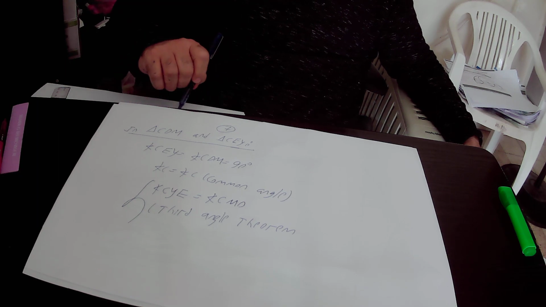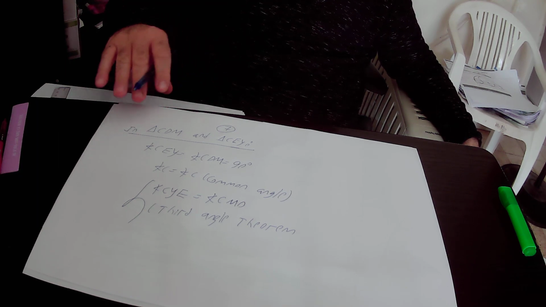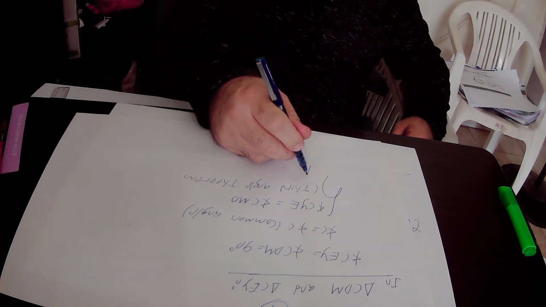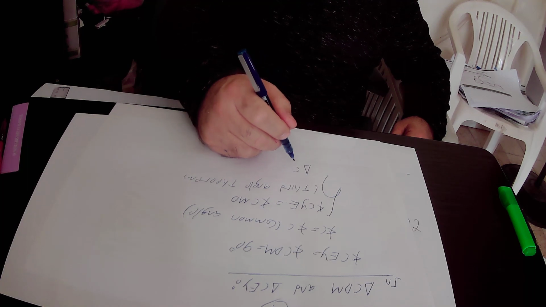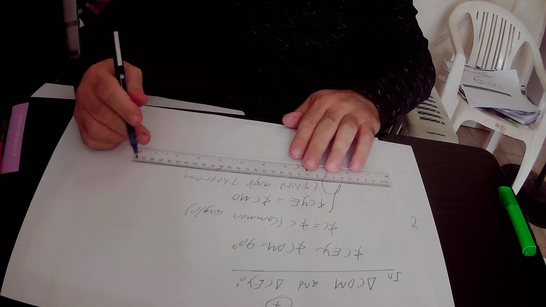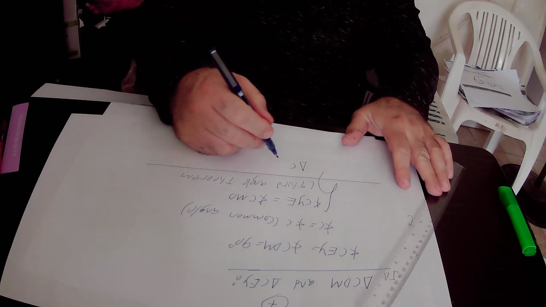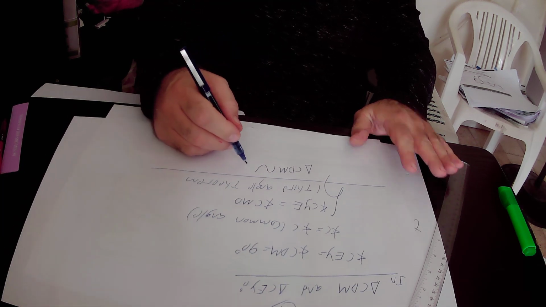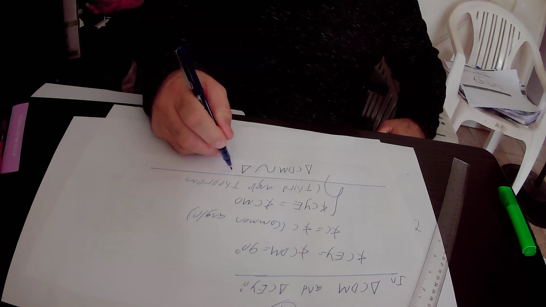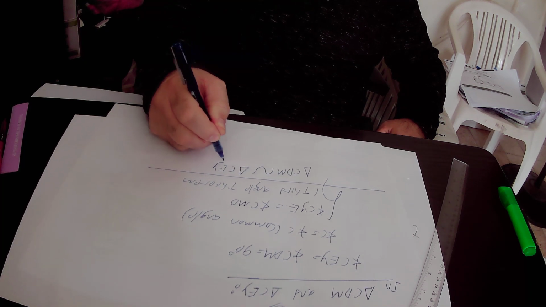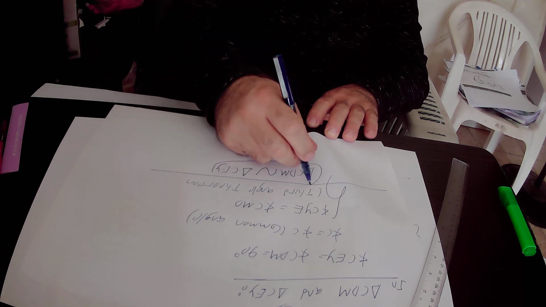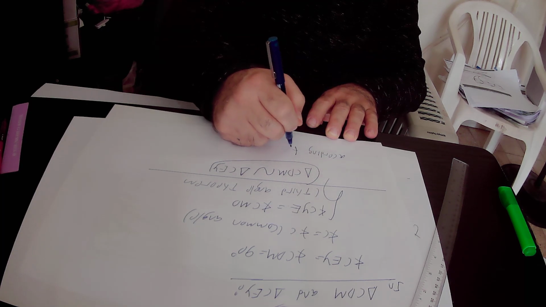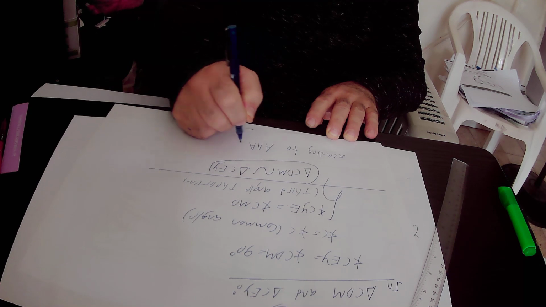So I will write it down. We actually proved that triangle CDM is similar, this is the sign of similar, to triangle CEY according to angle similarity rule.